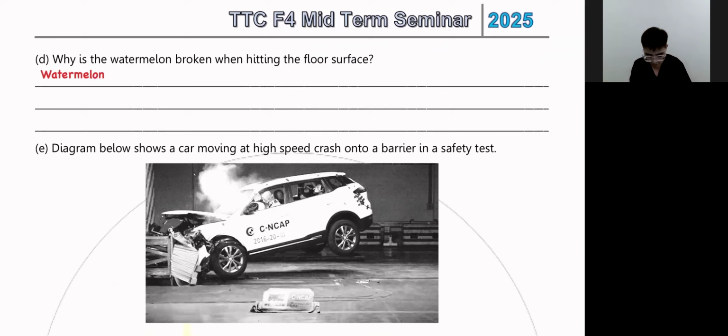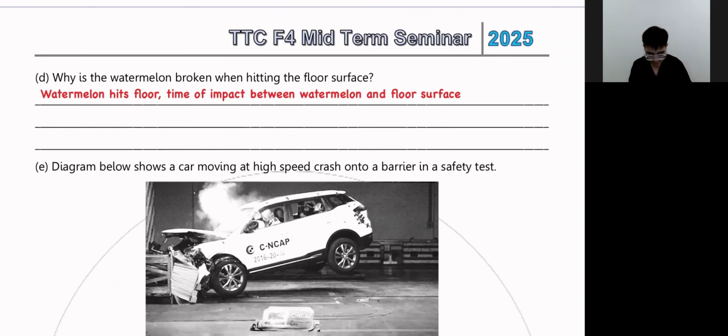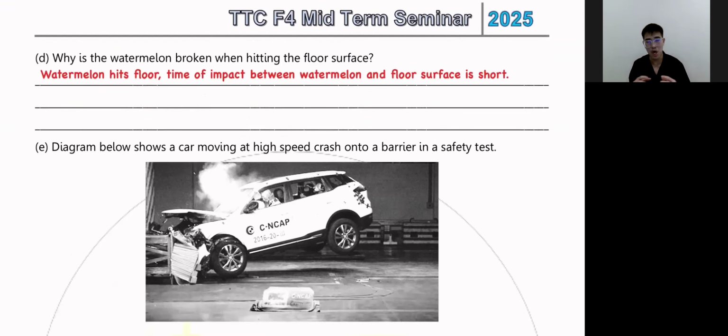Just write, when the watermelon hits the floor, what happens? At the time of impact, remember we discussed just now? The time of impact between the watermelon and the floor surface is short. Very short.